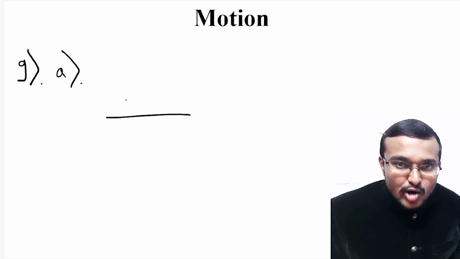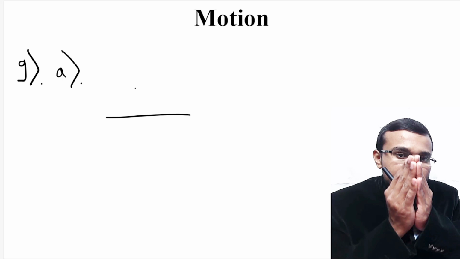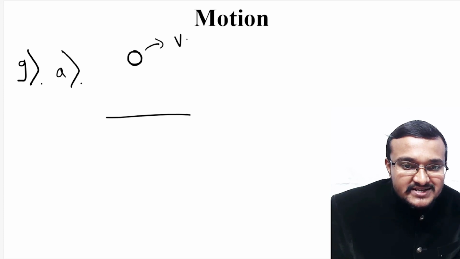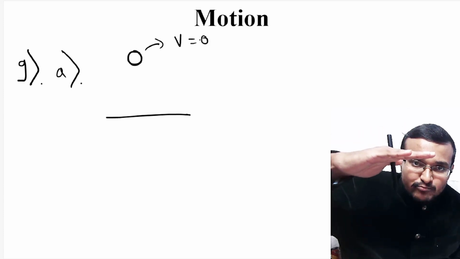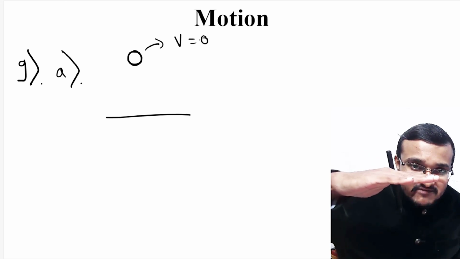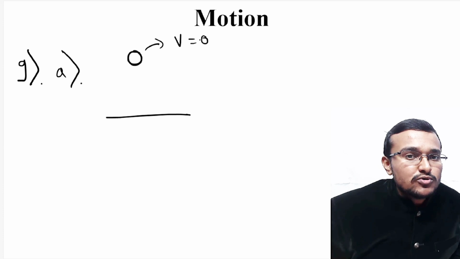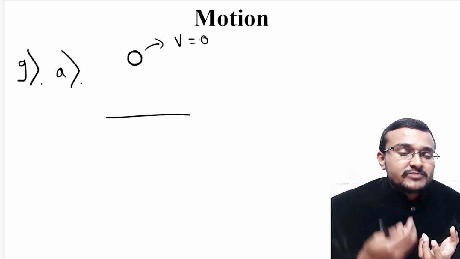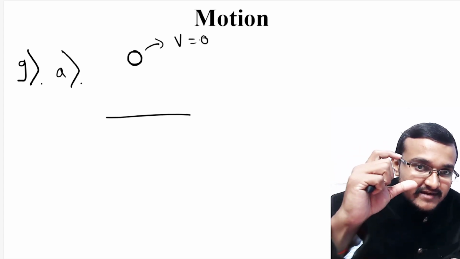If you are considering a ball and throwing that ball vertically upwards from the ground, the highest position which this ball reaches will have velocity equal to 0, because at the final point which this ball reaches, the velocity will be 0. Again, due to the acceleration, it will come down to the earth. Because the earth has a certain amount of gravitation, acceleration due to gravity will be acting upon that ball.